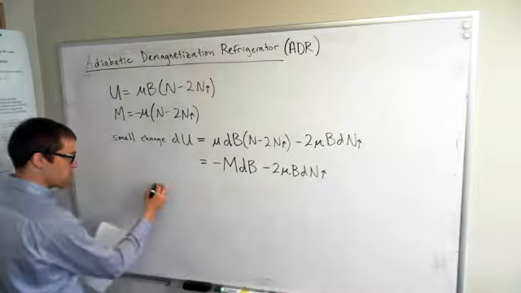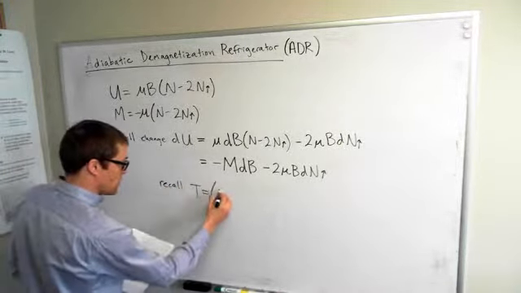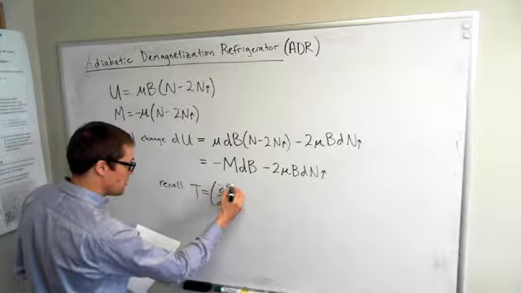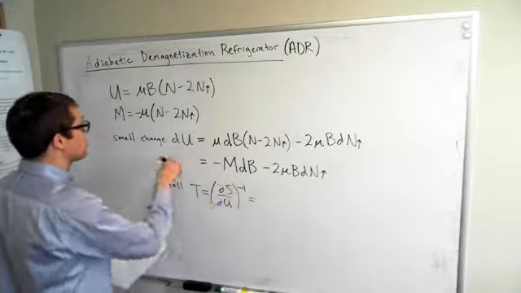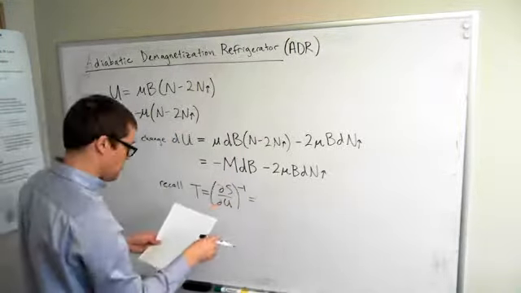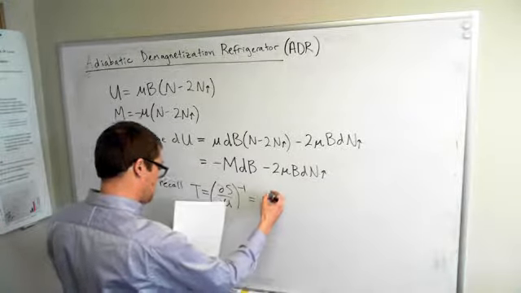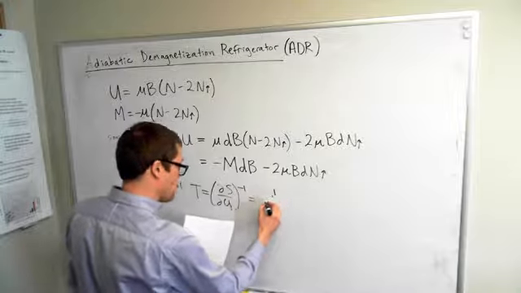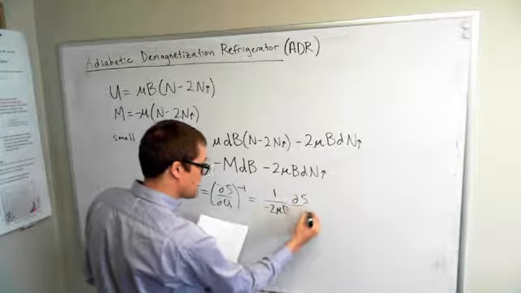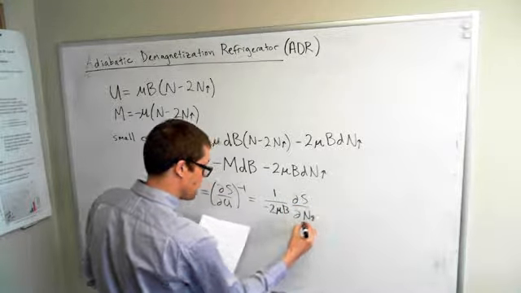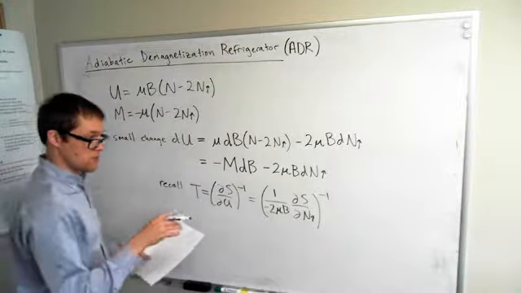All right, so if you recall that our temperature is (dS/dU) to the minus 1, and if you look at the relationship between U and N up, then we can replace this with 1 over (minus 2 mu B dS/dN up), all to the minus 1 power.